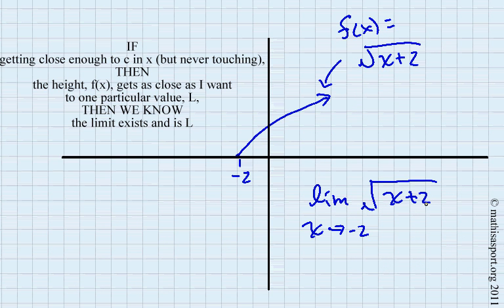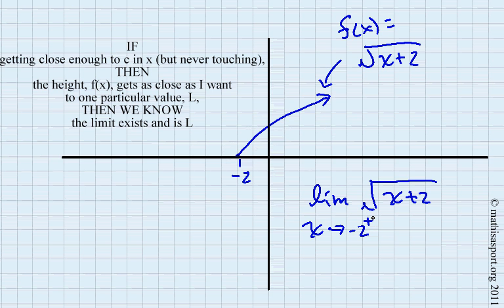No, we really can't talk about it because it's outside of its domain here, and so we can't get as close as we want to this one point in x from either side. But because we can approach it from numbers that are greater than it, we can say that the one-sided limit exists.